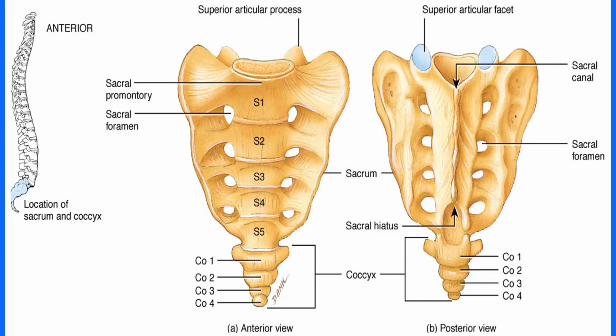If you look at it from behind, you see the 4 sacral foramina plus a sacral hiatus, which is an opening at the bottom, okay? From the front, you see the S5 vertebral body. On the right-hand side, you see that you have a defect. This is a foramen called the sacral hiatus, through which S5 passes.